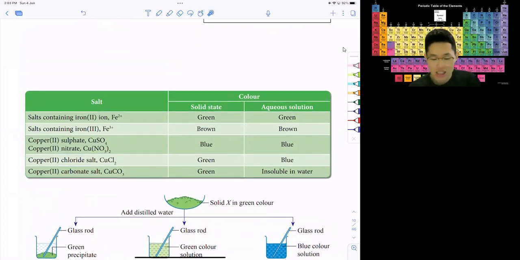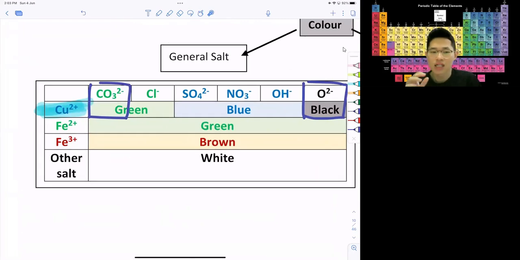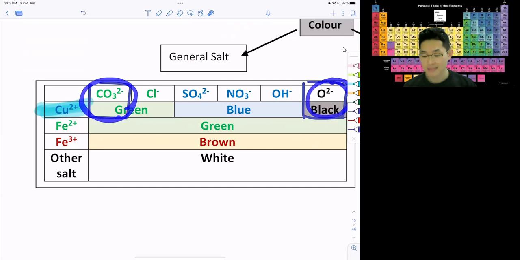So I would say, always just remember copper(II) chloride as a blue salt, because normally when you see it, it will be used as a solution. So most of the time you see CuCl2, it will be blue, unless they want you to make a solid copper(II) chloride, then in the end, the solid will be green. Understand? So I would say copper(II) carbonate green, copper(II) oxide black, the rest all blue will be easier.